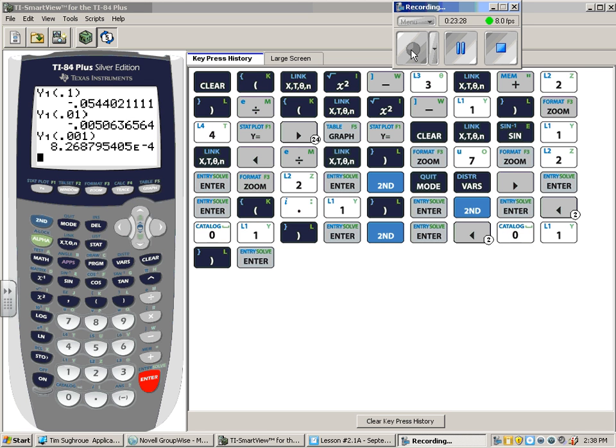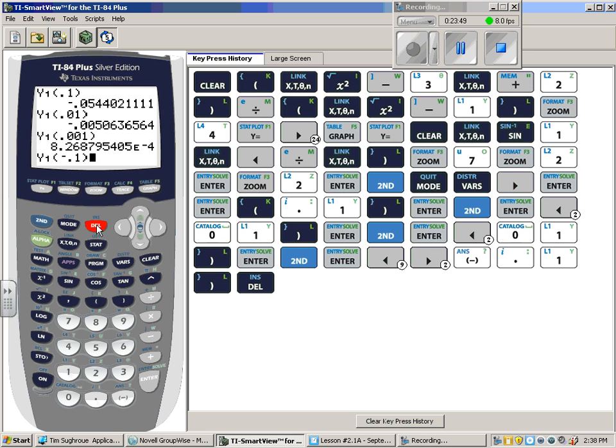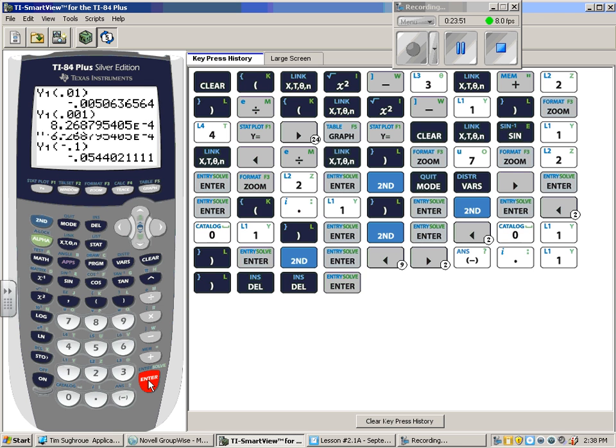If we do the same thing, it looks like it's getting closer and closer and closer to 0. If we do the same thing with the other side, now we can do this pretty easily by going second, enter, again, coming back here, putting in a negative sign, and going 0.1. Close it, hit enter.